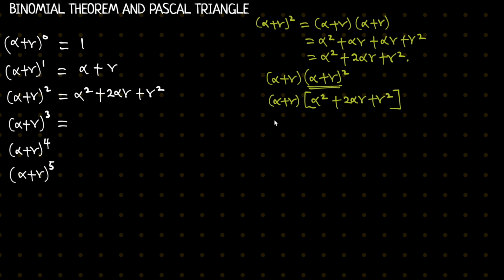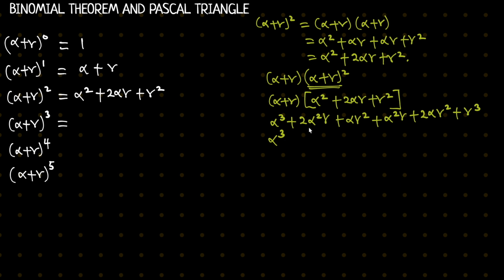When you multiply, you have alpha cube plus 2 alpha squared gamma plus alpha gamma squared plus alpha squared gamma plus 2 alpha gamma squared plus gamma cube.